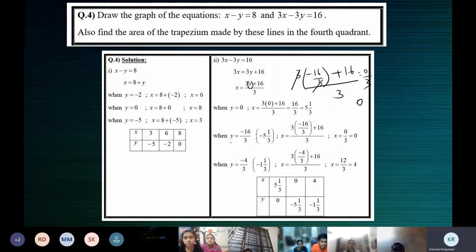So when y is minus 16 by 3, or minus 5 1 by 3, the value of x is 0. X is 0, children. Write the values carefully. X is 0, y is minus 5 1 by 3.